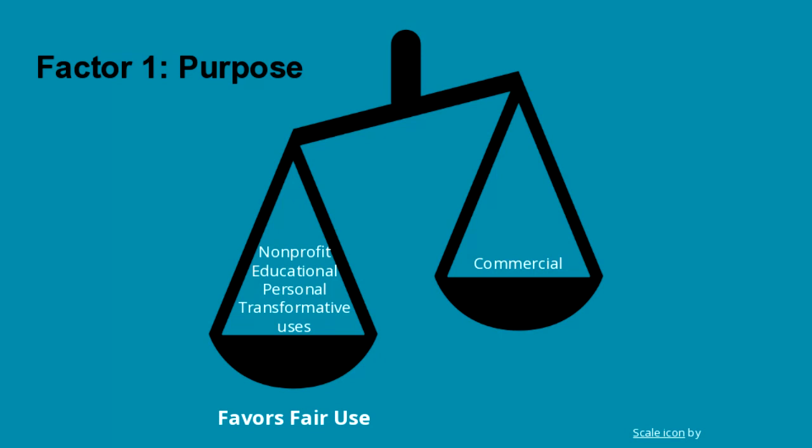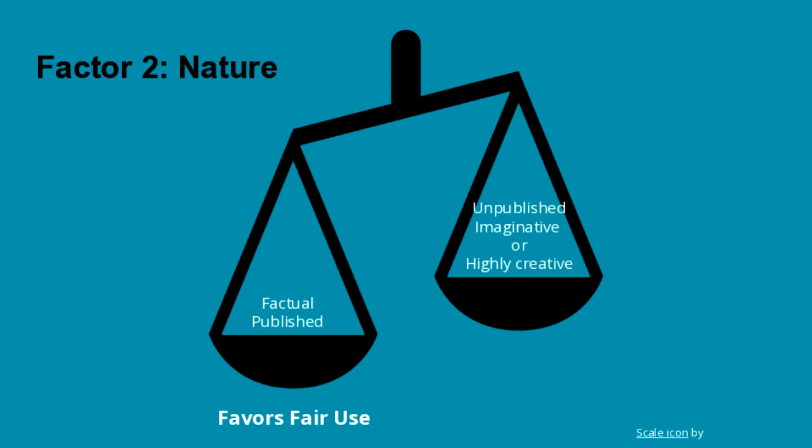Next, the nature of the work. Works that are factual and published favor fair use. Highly creative works or unpublished works weigh against fair use. So, for example, a documentary versus a feature film.